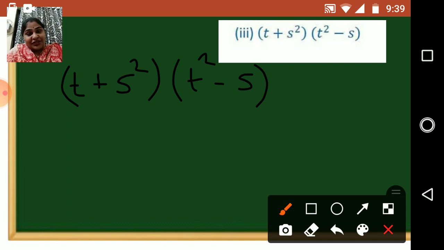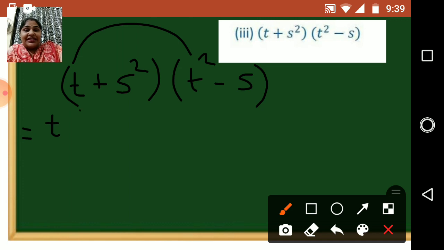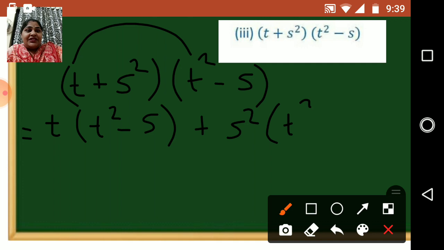Now you can see in the second bracket there is a negative sign. So again be careful while solving. So let us begin. T multiplied by t square, that is how to write, everyone knows children, that is t multiplied by t square minus s, okay, plus s square multiplied by again t square minus s.